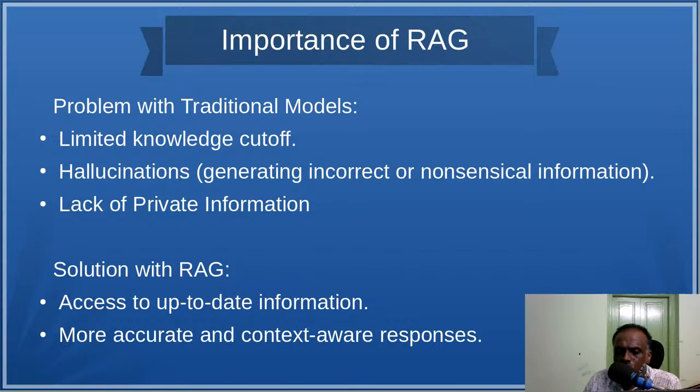Take our same example: what is the capital of India. Assume the LLM is not trained with the data on New Delhi. In that case, it will still come up with probable items. Even if it does not have the direct answer to that question, it will still generate an answer.